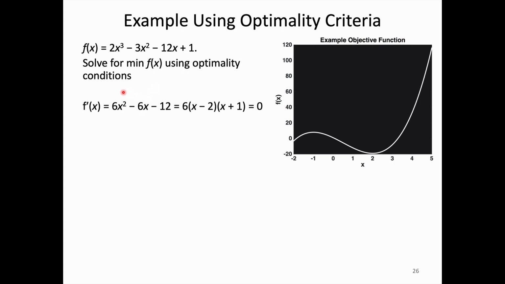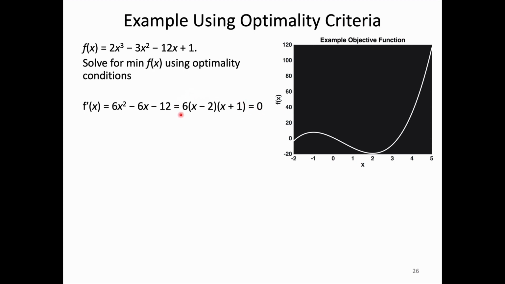Here, let's take the first derivative. That's pretty easy using the power law, and then we can very conveniently rearrange this algebraically, and we want to see where this derivative equals 0, or for what values of x the derivative is 0.